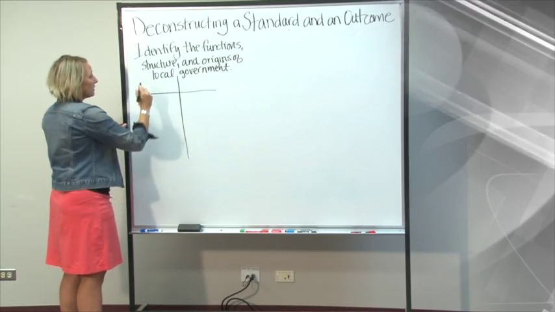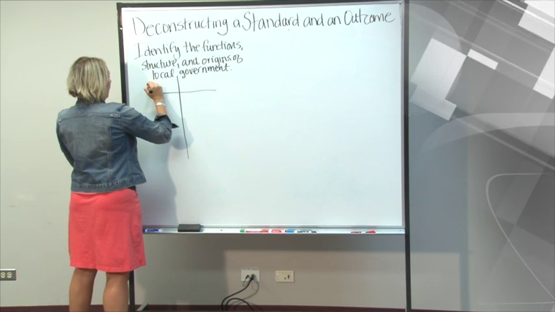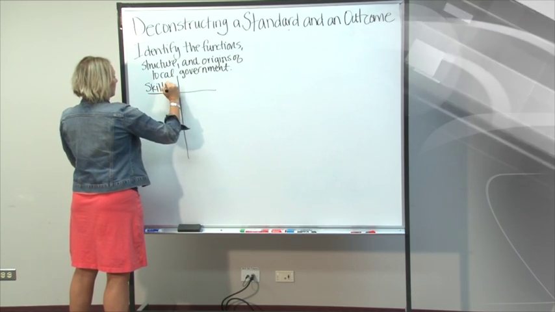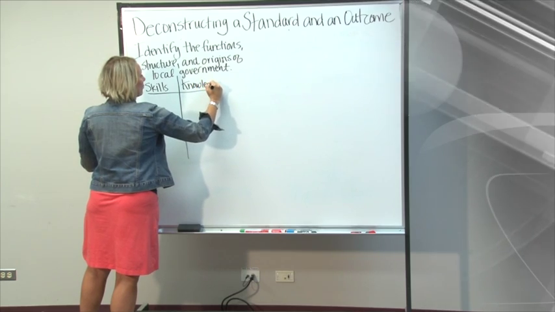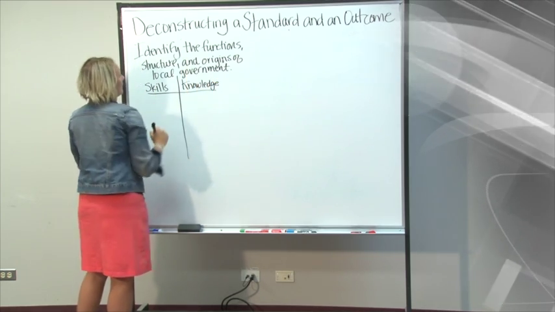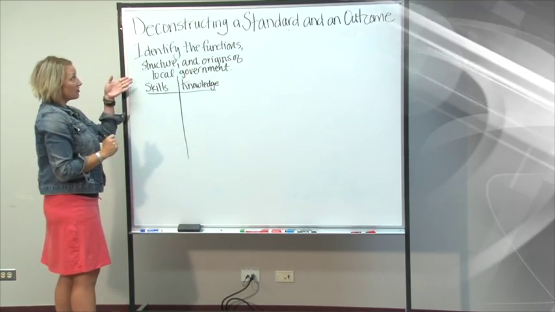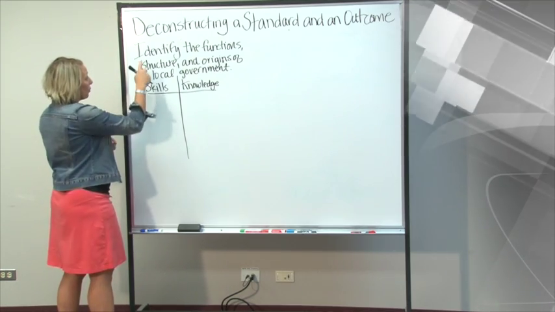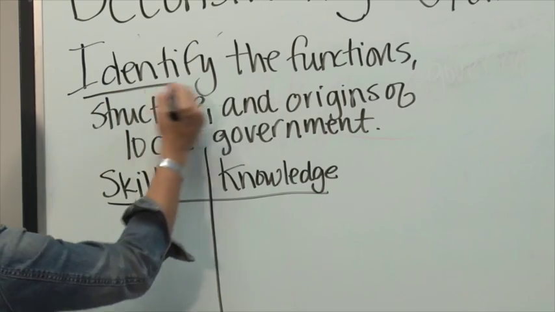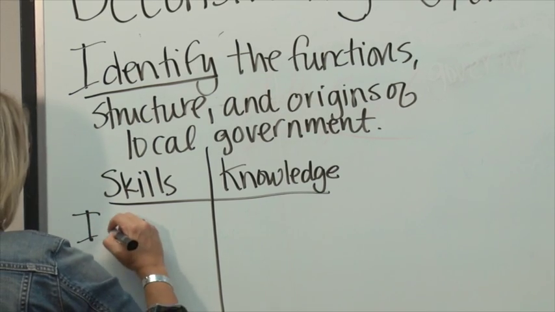When we deconstruct, we want to look at the skills and we want to look at the knowledge that these students need to have in order to be successful with this standard. If we look here at this particular Colorado academic standard, the only skill or the verb that I can identify is identify.